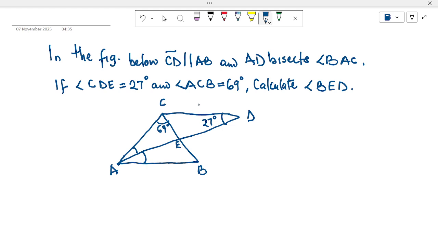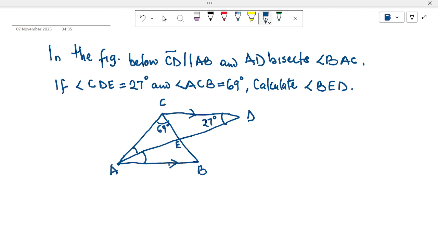Already we've been told that in the figure, CD, where is CD? Our CD is parallel to AB. That means this line is parallel to this line. Parallel lines are lines that cannot meet, no matter how extended they be.